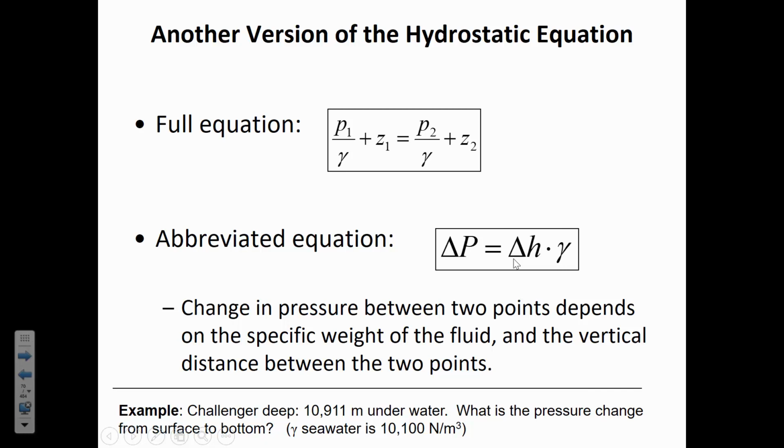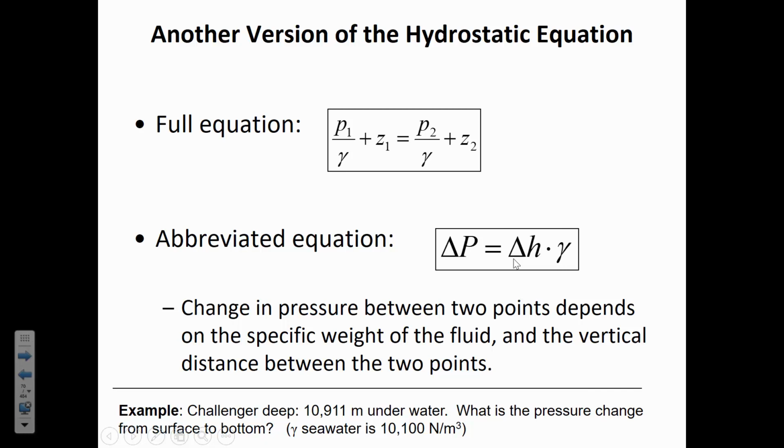And if we're using the unit weight of seawater, the gamma of seawater is a little bit higher than the gamma of ordinary water because the salt adds to the density, then the pressure change, the delta P from the surface of the ocean, where we're assuming that the air is touching the water, and so the pressure right here at the interface of the air and the water is 0 gauge.